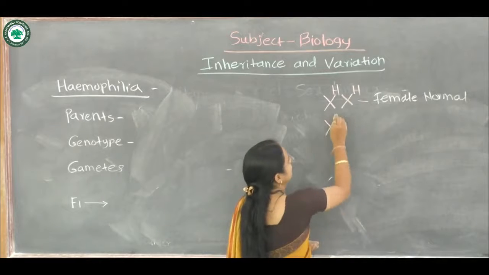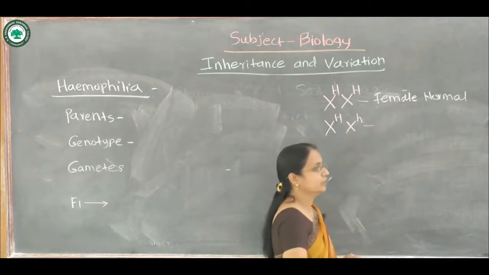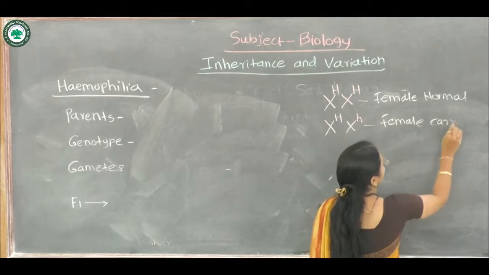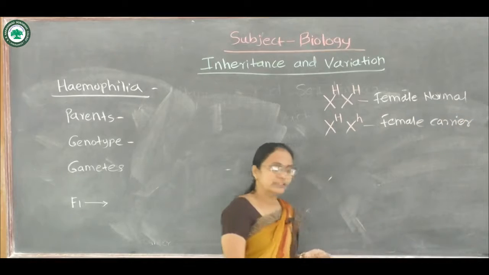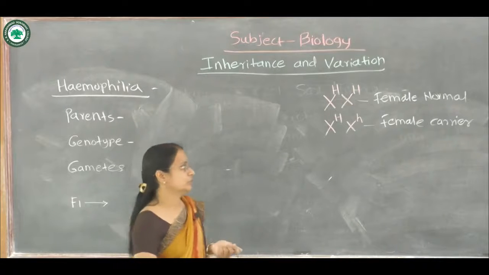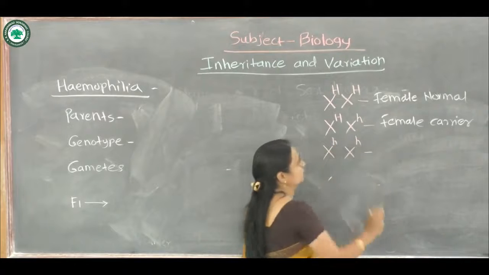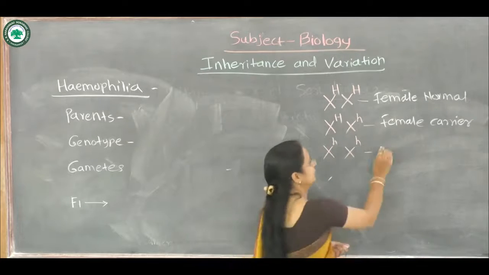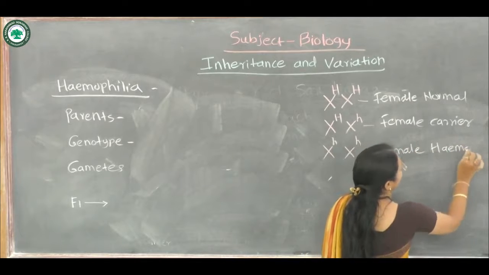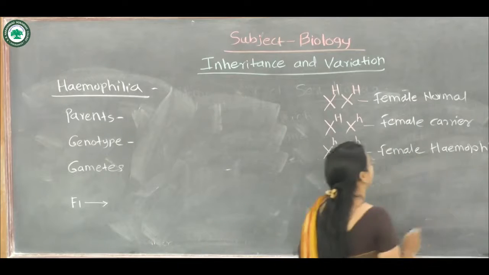Now suppose one gene is dominant and the second is recessive. At that time, this female is a carrier of the disease. She herself is not suffering from the hemophilic condition, but she is a carrier of the disease. Then suppose both genes present are recessive. At that time, this female is 100% suffering from hemophilia. That female is hemophilic.